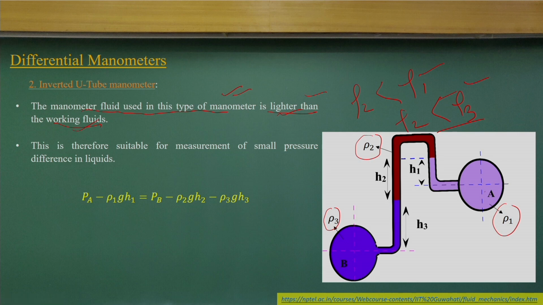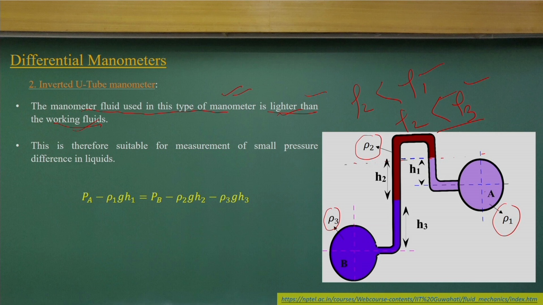As it is an inverted case, I am considering this as the surface. Here we have to consider a negative sign, because when you have PA here, you can use rho 1 g h1, but it is negative because we are losing that weight, which acts against the pressure.